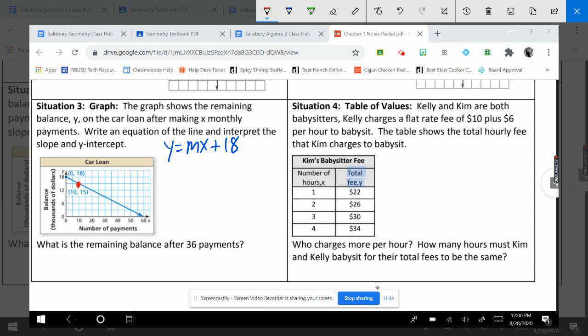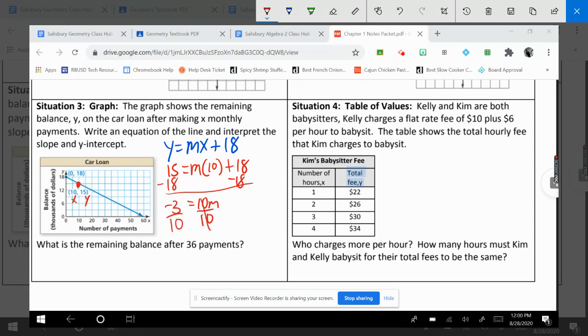And all that's going to be left, we have an x and a y, right? So we have 15 is equal to m times 10, plus 18. And look, all we have left is m. So subtract 18 on both sides. We have -3 is equal to 10m. And then divide both by 10.